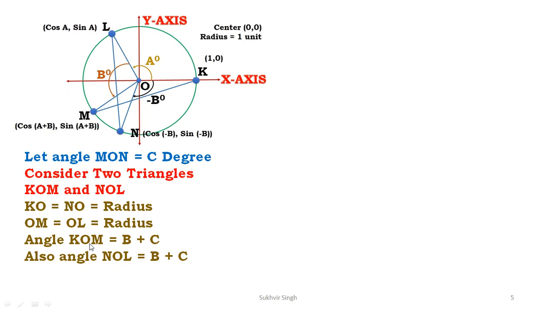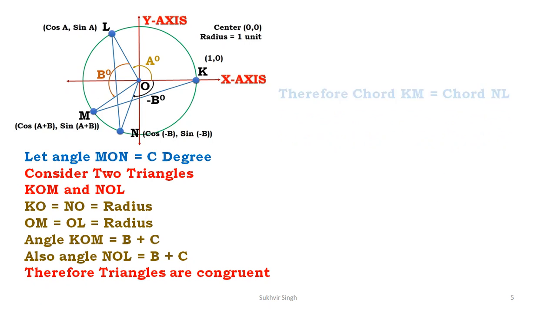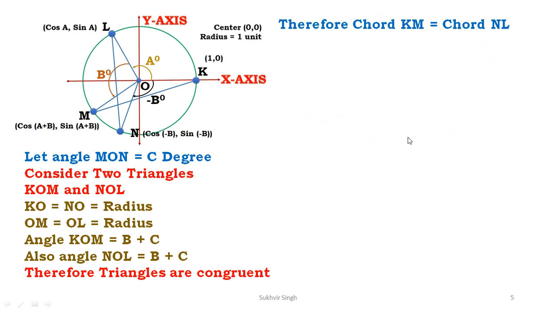Angle KOM can be written as B plus C. Also angle NOL can be written as B plus C. It means triangles are congruent. If the triangles are congruent, it means the length of the chord KM is equal to the length of the chord NL.